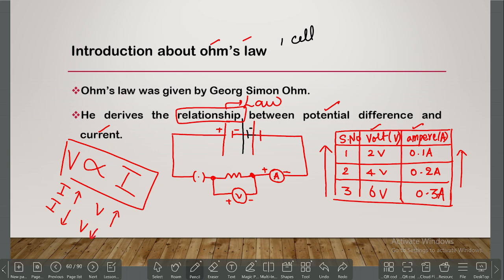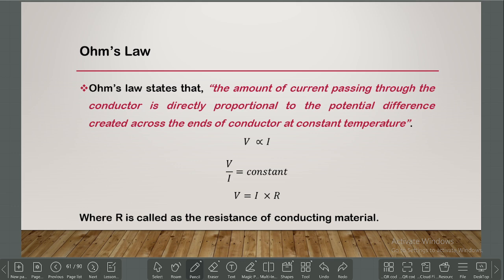So based upon this, the law was given by him, and the law states that the amount of current passing through the conductor is directly proportional to the potential difference created across the ends of the conductor at a constant temperature. That means the temperature of the conductor must remain the same. During that condition, potential difference and current will be directly proportional to each other.